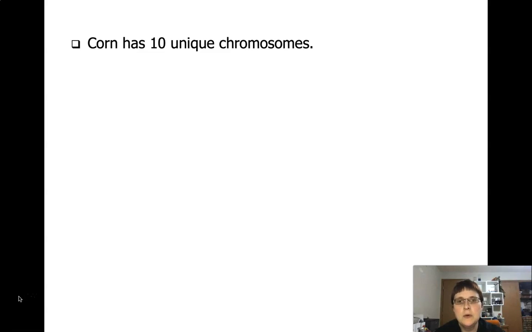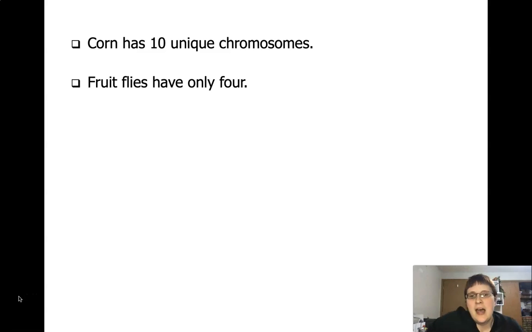So all of the organisms actually cut them up into different size chromosomes. And corn, for example, has 10 unique chromosomes. And even though it has only 10 unique chromosomes, and fruit flies, those little fruit flies that we started off the semester with, have only 4, their actual genomes aren't that different in size.